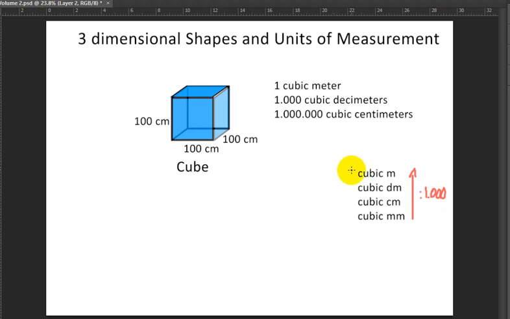And when we head down, we multiply, but for each step down, we multiply by 1,000.